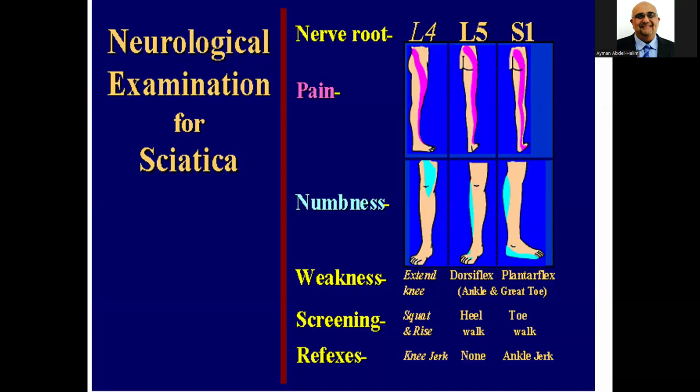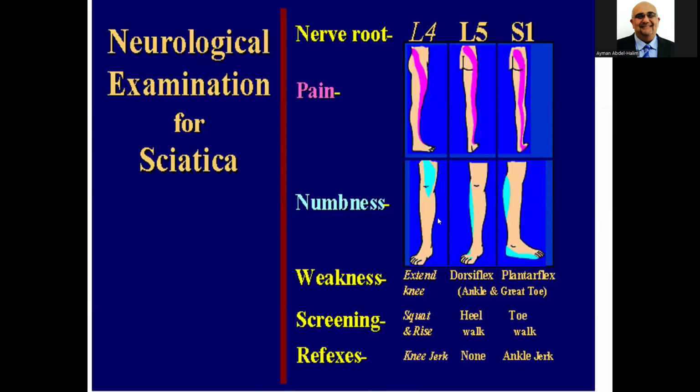Neurological findings for herniated discs. Basically, it could be low back pain, or what we call axial pain, and it could be radicular pain related to these nerve roots, the L4, L5 or S1.